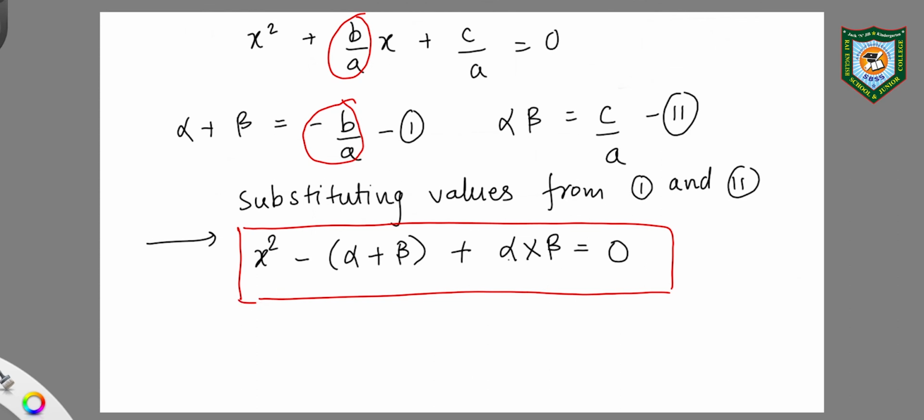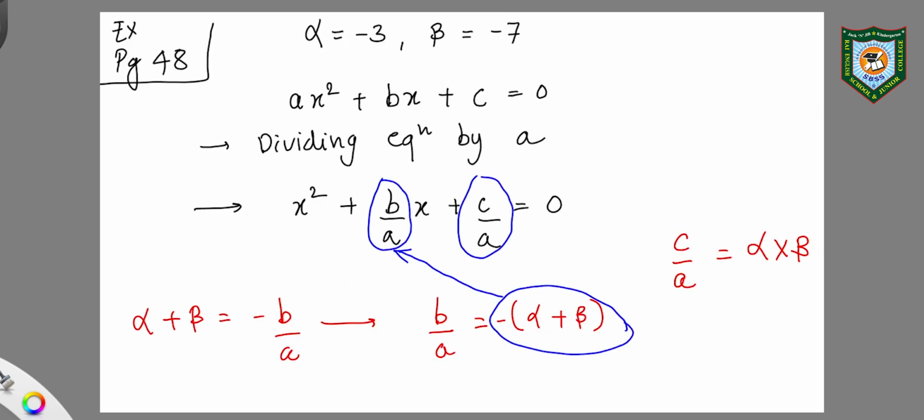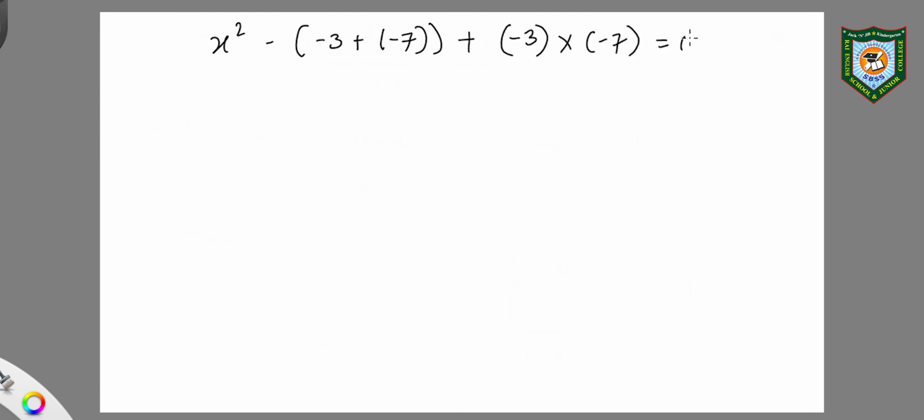Now coming back to our example, we have alpha is equal to minus 3 and beta is equal to minus 7. So all I need to do is substitute the values. I have x square minus alpha, which is minus 3, plus beta, which is minus 7. This is plus alpha times beta, which is minus 3 into minus 7, equal to 0.